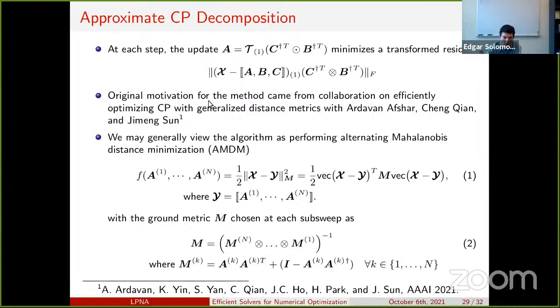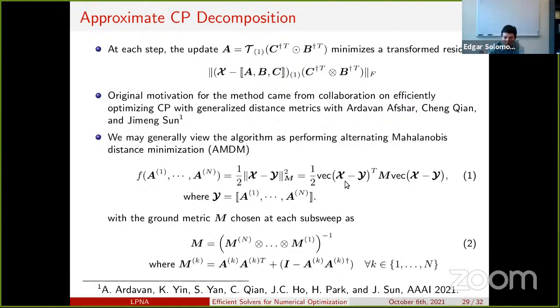And we originally were working on trying to make a method designed by Artem and Afshar for minimizing residual in the decomposition, based on Wasserstein distance metrics, faster. And so the method that Nabjit proposed to do this was what we might call alternating Mahalanobis distance minimization, where we want to think about this as a type of norm, and also extend this to have A, and then think about this as a subproblem of a more general problem that unifies all the factors.